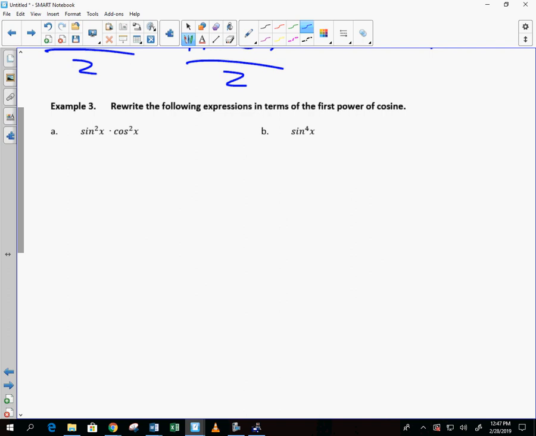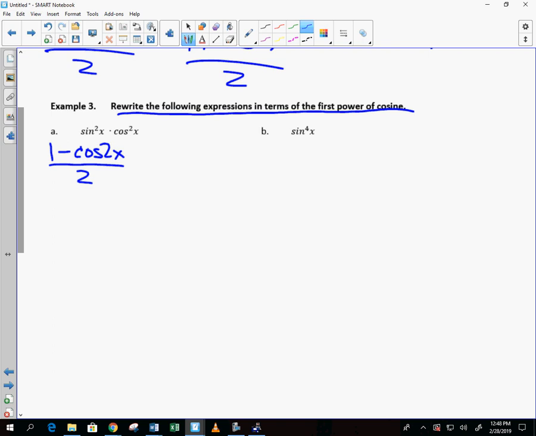All right. Here we go. Rewrite the following expressions. First power of cosine. I'm going to get rid of sine squared, and in its place, I'm going to write (1 minus the cosine of 2x) over 2. See how I got rid of the squared? That's my goal with this problem.